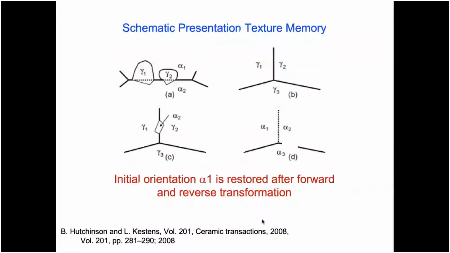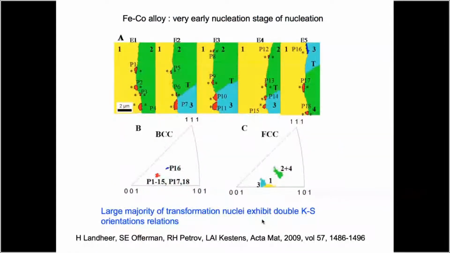This is not only a theoretical model that we have published, but it's also backed up by very well documented experimental data that we also have published in Acta Materialia.